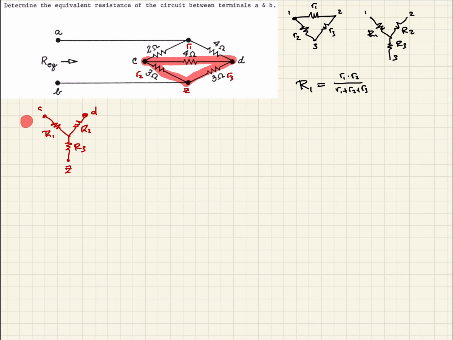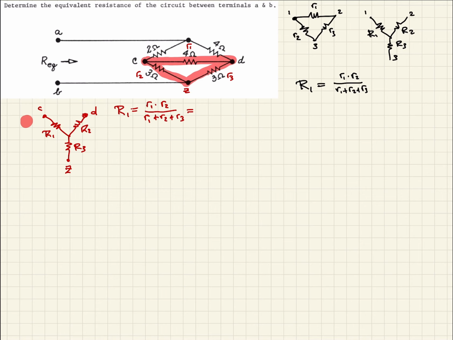So borrowing from what we defined about the relationship of these two configurations, R1 here then should be r1 times r2 over r1 plus r2 plus r3.